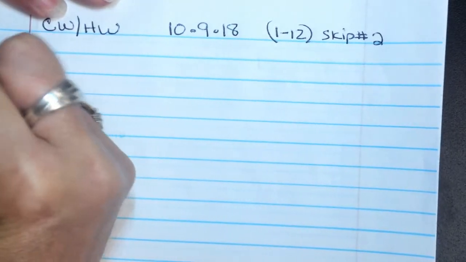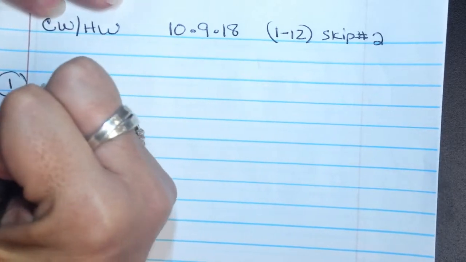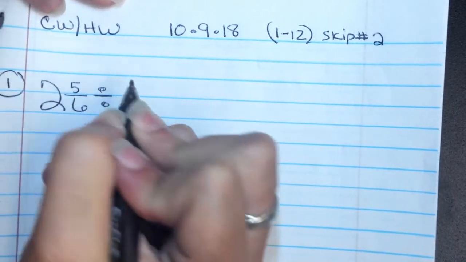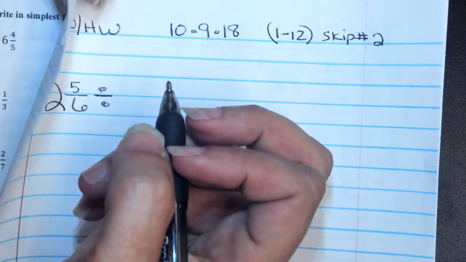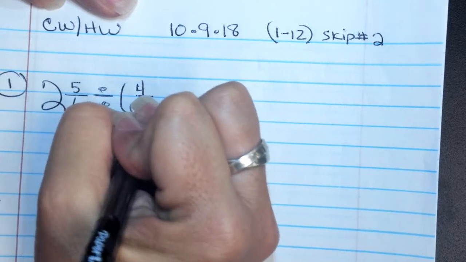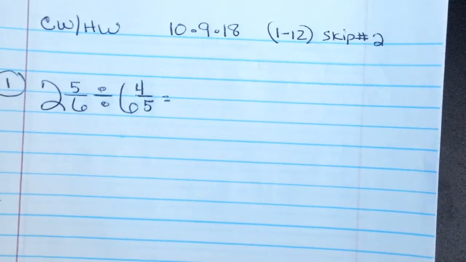Does that make sense, guys? Okay, just kind of letting you know. So, here we go. We'll start with number 1. 2 and 5/6. And I'm just copying off the paper. 6 and 4/5. So I'm just copying it.